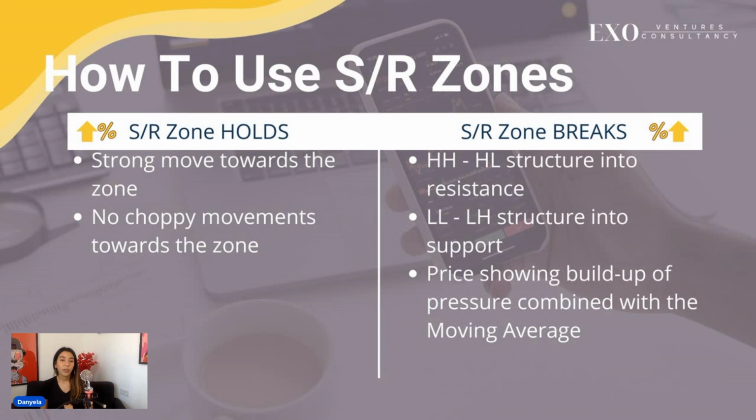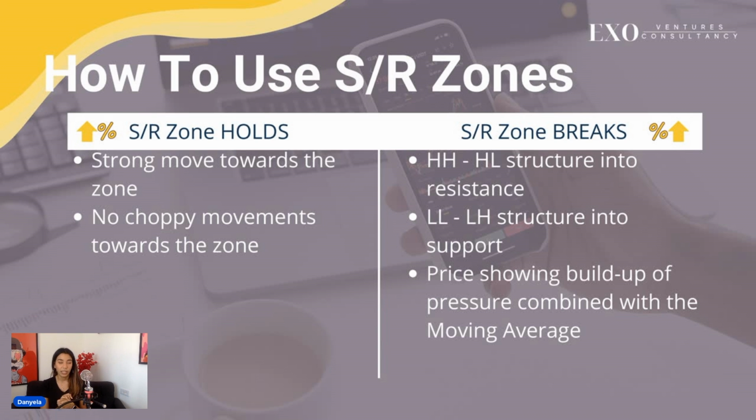Okay, now let's go into what to look for if the zone is going to break. The first is that if you're going into a resistance zone and you're seeing higher highs and higher lows forming, then there's a high chance that that zone is going to break. Again, with support, if you see lower lows and lower highs forming into support, then it's probably going to break as well.